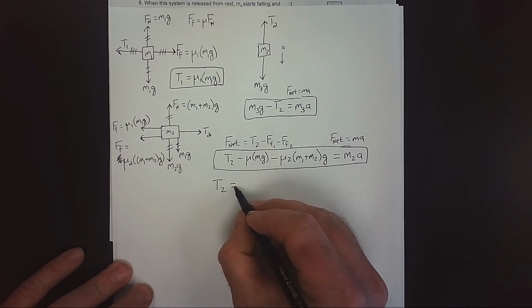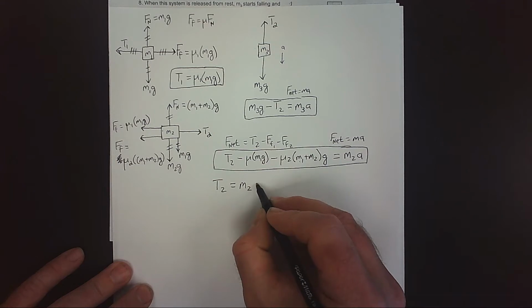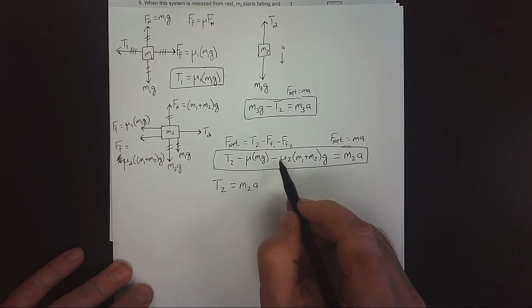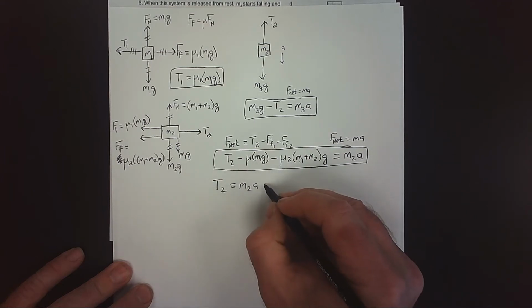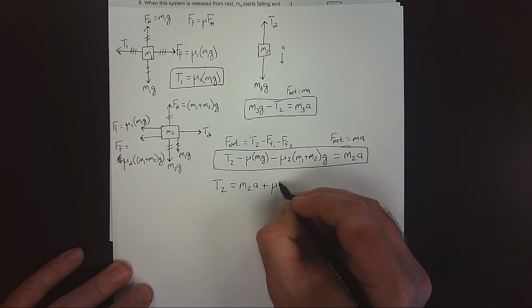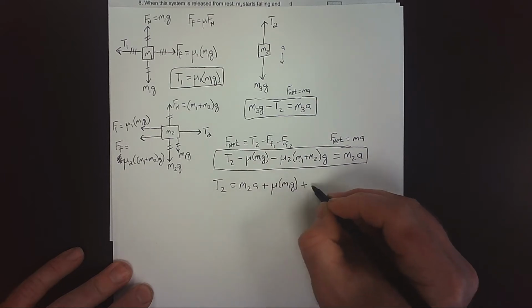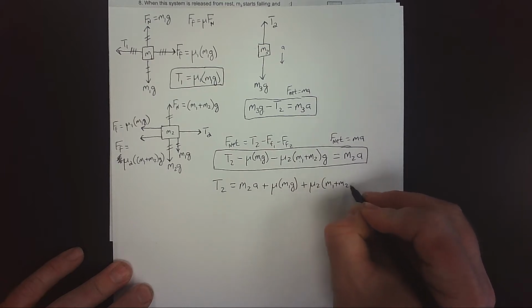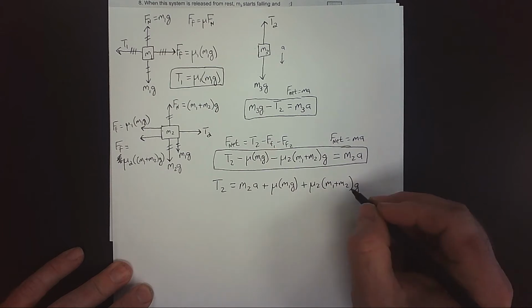I get t2 is equal to m2a, and these are both negative terms, so I would add them to the other side, plus mu1 m1g plus mu2 (m1 plus m2) g, and it will look like that.